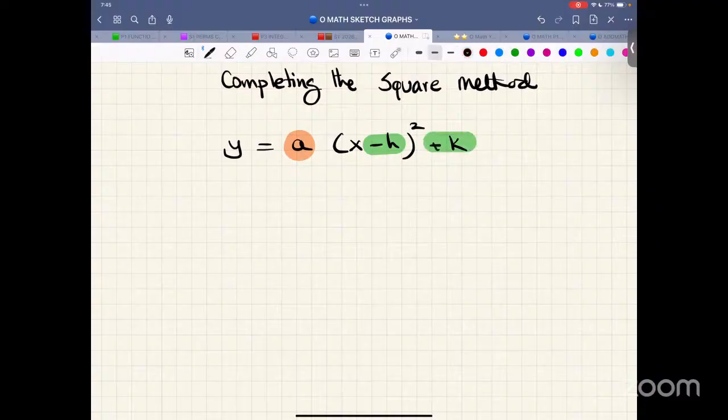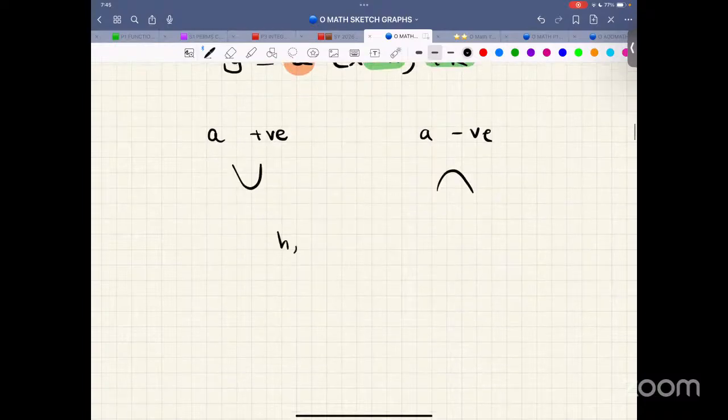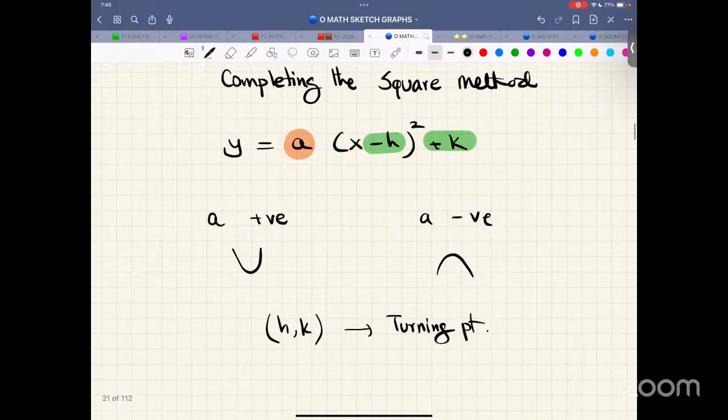So therefore, this a, if it's positive, that's the shape. If it's negative, that's the shape. And h comma k, that is the coordinate of the turning point. If they ask you for the roots, then y is equals to 0. But right now, we are just interested in this. Every format has its own limitation.